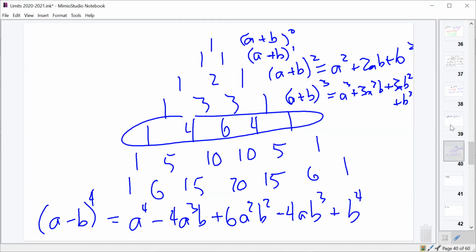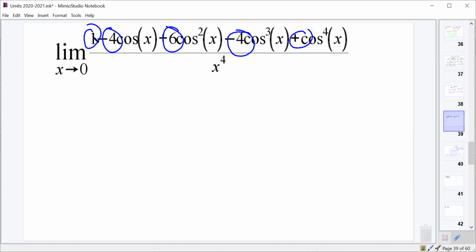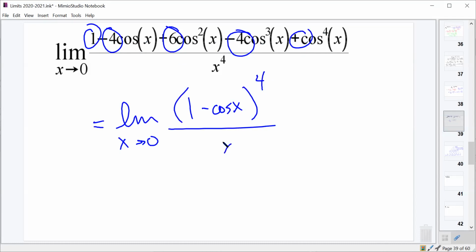And that's exactly what we've got here: a 1 and then a minus 4 and then a plus 6 and then a minus 4 and then a plus 1. 1, 4, 6, 4, 1 with alternating signs. And this should, in the numerator, factor out to become 1 minus cosine x to the 4th power.